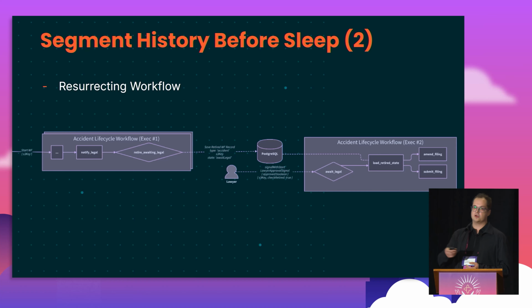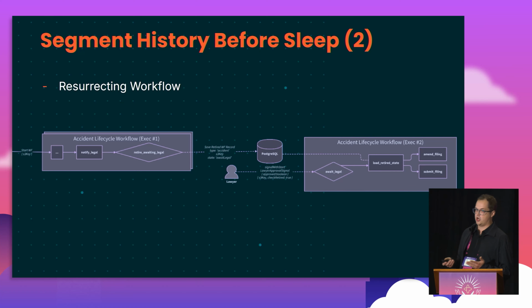So when the lawyer signals in saying, hey, your papers are approved or your papers need to be amended, that will actually wake up the workflow. That will start a new workflow with the signal with start, and that new instance of the workflow could know based on that signal, hey, I might have a saved state in the database. It can find that saved state, resume from that saved state, and process the signal and resume accordingly.